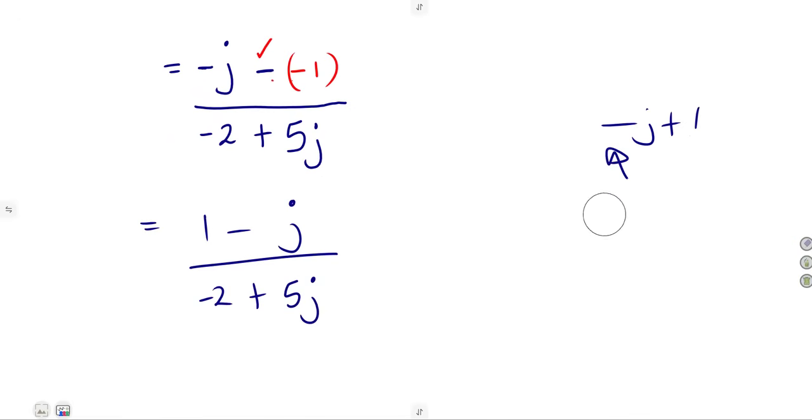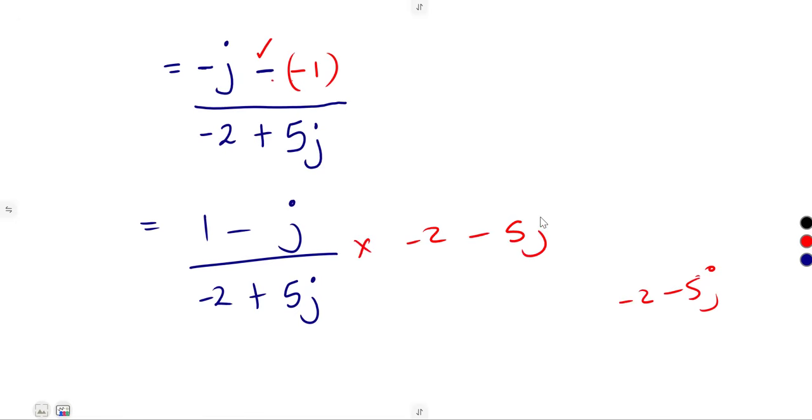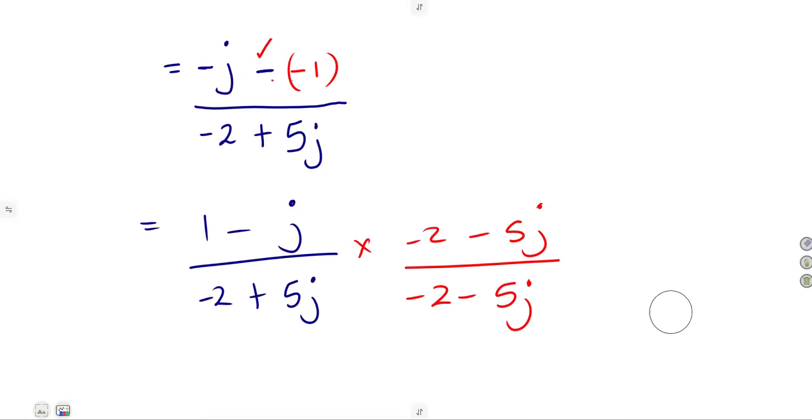So we can rationalize our denominator by introducing a negative on the imaginary part. So it's a positive there, you introduce a negative, so it will be minus 2. You introduce a negative here, so it will be minus 5j. So this is the one that we're going to multiply our numerator and the denominator by. Just like that. So this is it, guys.